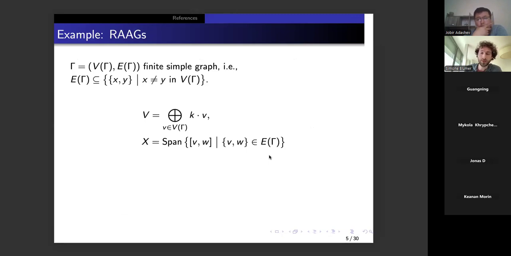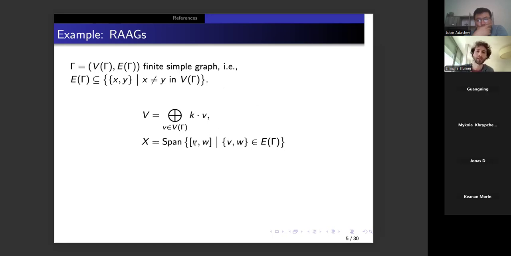I want to give you some examples that will be important later. This is an example coming from group theory, the example of a right-angled Artin Lie algebra. So you fix a finite simple graph, a finite set V and a set of two-element subsets of V. And we define as a generating space for the Lie algebra the linear span of all the vertices of the graph.